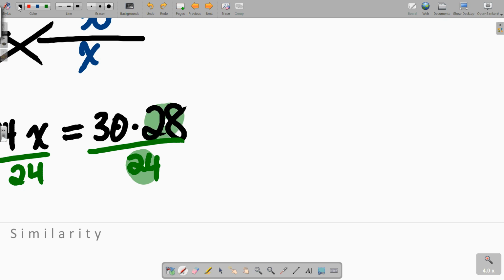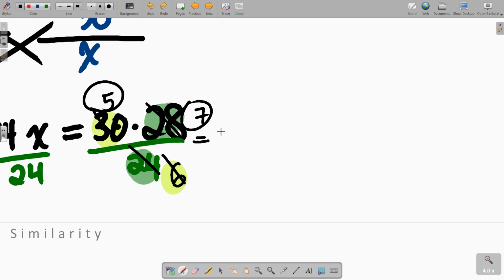I know 4 goes into both, so I'm going to use that one. 4 goes in here 6 times. 4 goes in here 7 times. Now I'm going to take the 6 into the 30. 6 goes into 30 5 times, so my final answer here is 5 times 7, which is 35.